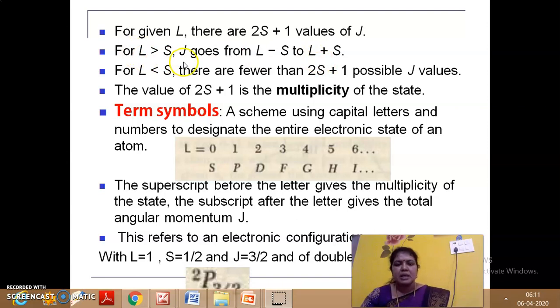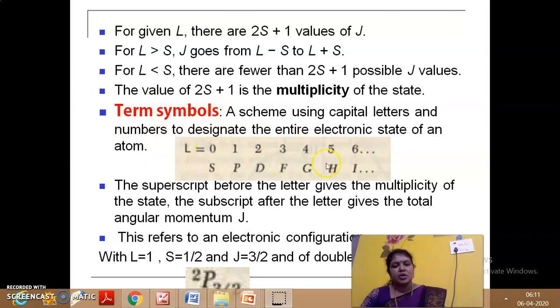So that was the summarizing statement of LS and JJ coupling. Now that we have known this, the electronic state of an atom can ultimately be denoted by a scheme called term symbols. A scheme using capital letters and numbers to designate the entire electronic state of an atom is nothing but the term symbols.